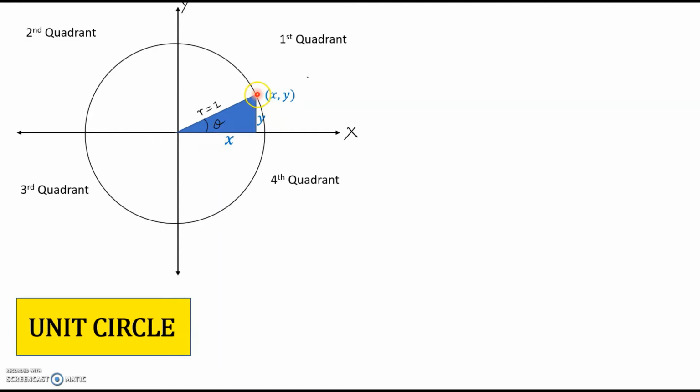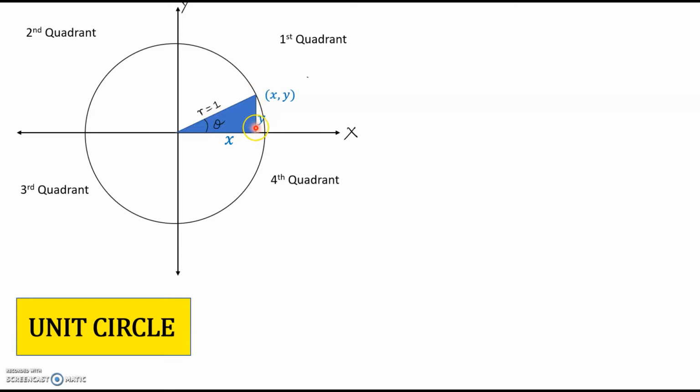Now from this point where this line touches the circle, the length is equal to 1. Let's draw a line which is perpendicular to the x-axis. When we do that, the angle here will be 90 degrees. Then this will become a right angled triangle.